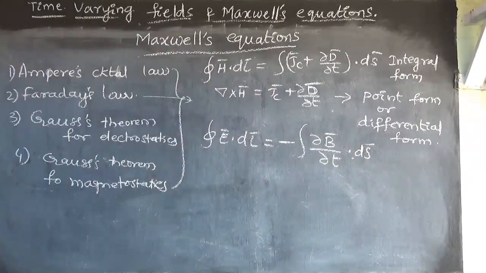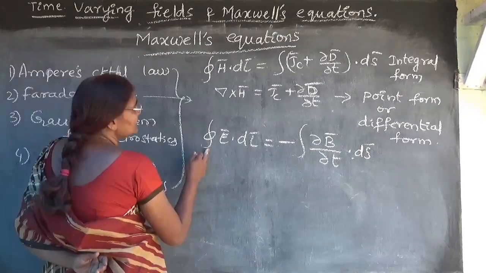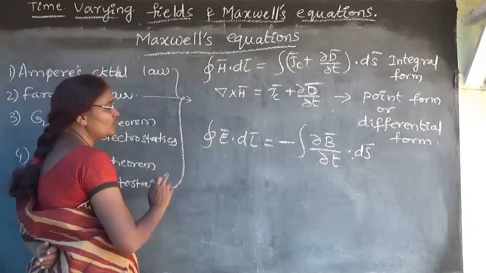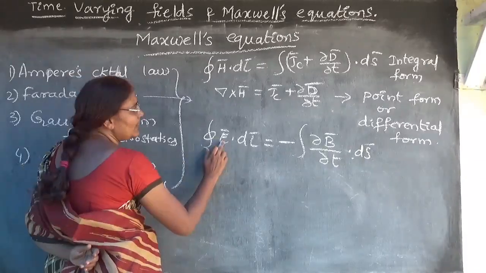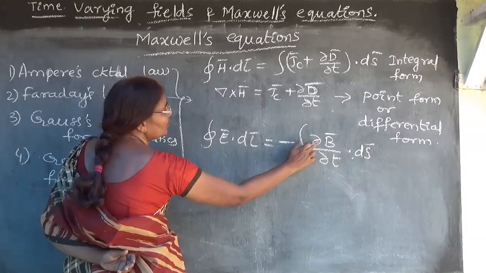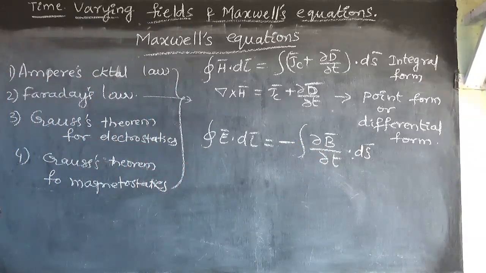This is nothing but Faraday's law, that is, in a closed circuit, if we consider a closed loop, then E bar dot dl bar is equal to minus dou B bar by dou t dot ds bar. This is Faraday's law.